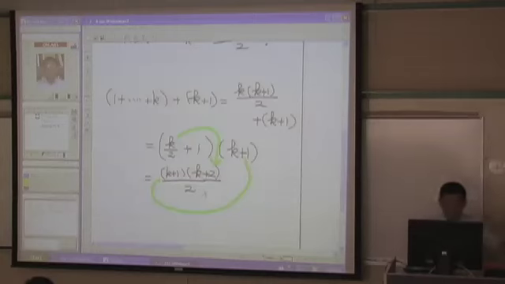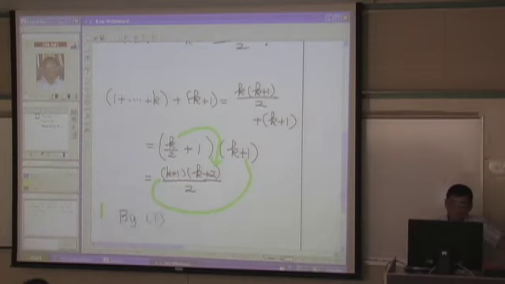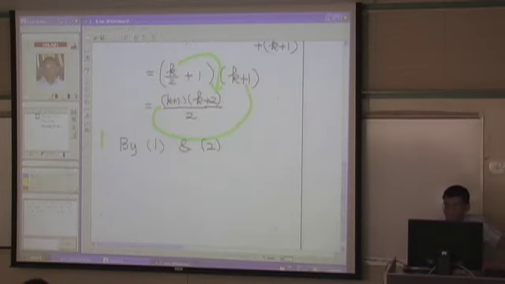So the second step is done. So by 1 and 2, or we usually say by mathematical induction, and 1 and 2, we are done, right?